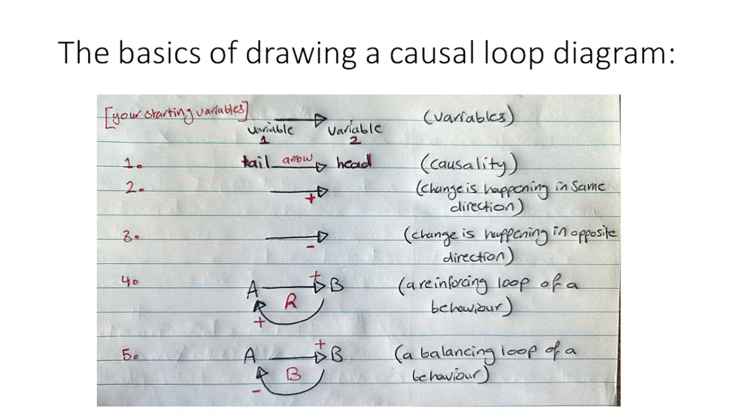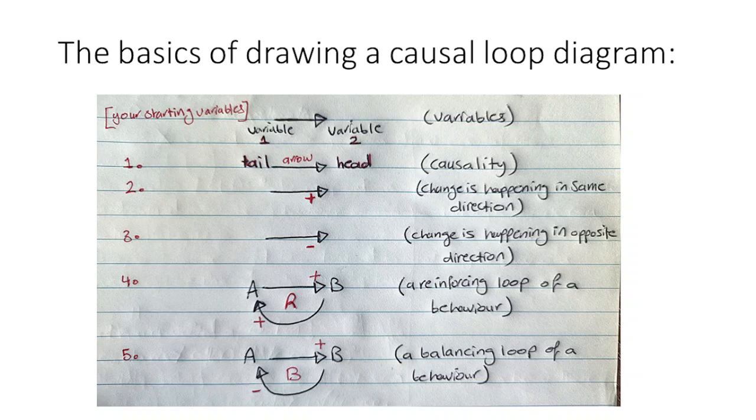Now, finally, when you see a B letter in the middle of a causal loop, that indicates that the loop is balancing and moves the system in the direction towards equilibrium or a fluctuation around equilibrium points. Okay, so keep that in mind.